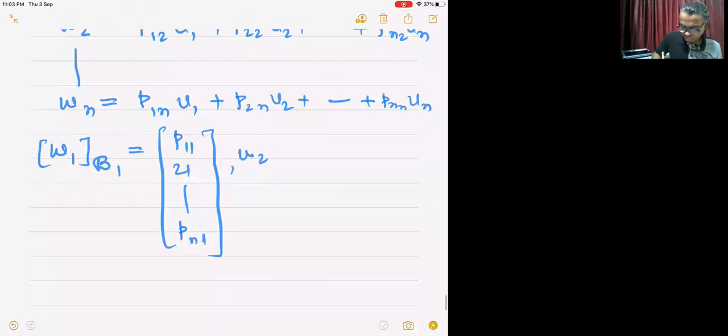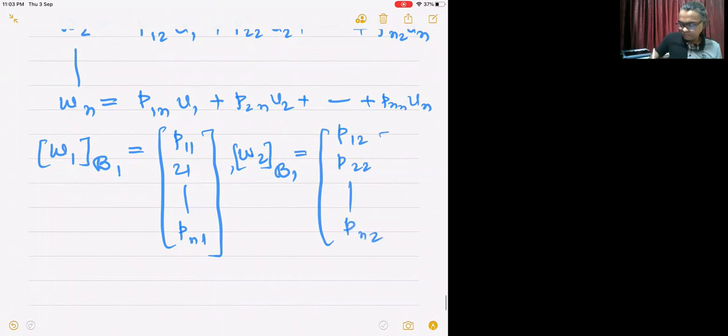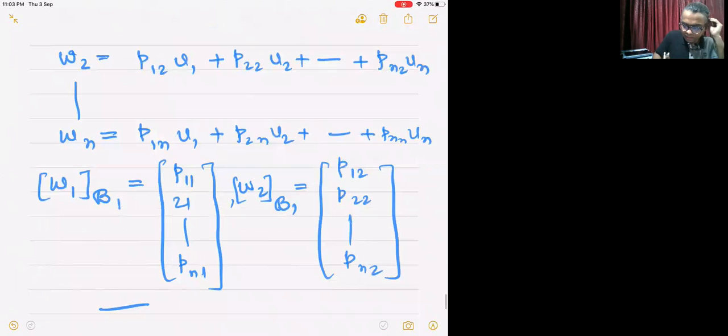W2 under B1 is nothing but P12, P22, dot dot dot up to Pn2, like that. I'm not writing it anymore, but I think you can understand. So these P entries, how many such numbers are there? Exactly n square such numbers.